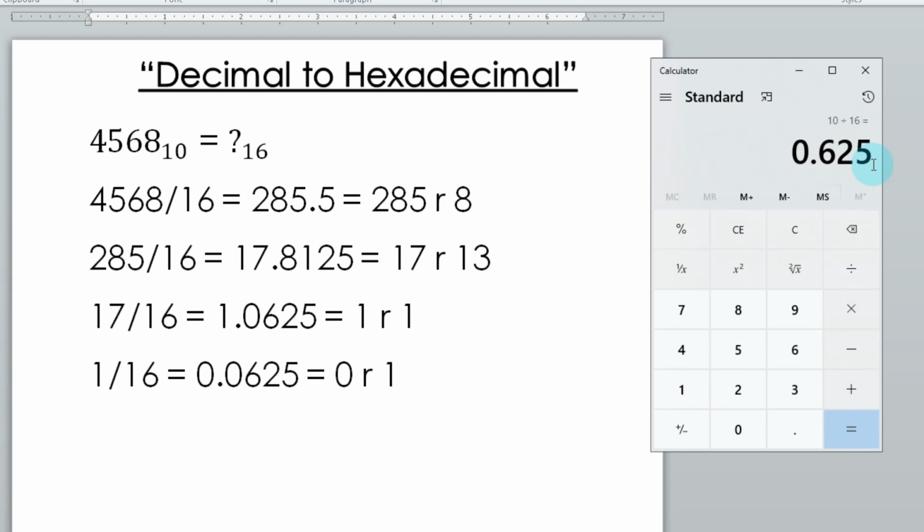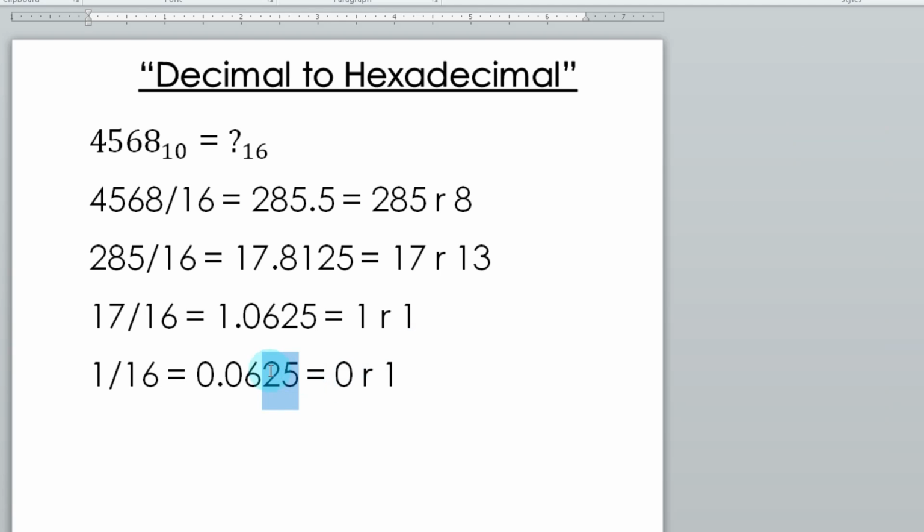To find the remainder, 0.625 is multiplied by 16, and here it is also 10. So you don't actually need to calculate this when you reach this point.